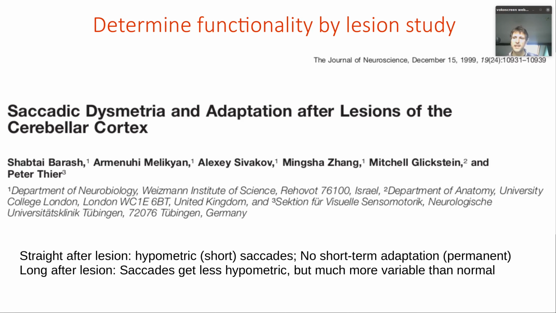People have looked at saccadic behavior and the cerebellum. They've done so by lesion studies, so by inactivating or removing the cerebellar cortex. So here is a paper that covers that. After the lesion, saccades become much shorter, and there's no longer any short-term adaptation to how long saccades should be.